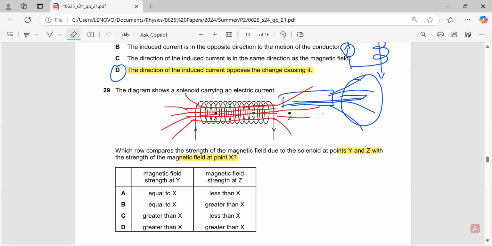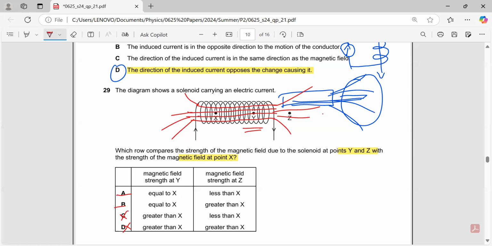Now we are going to see the options: magnetic field strength at Y, they're talking about point Y, is equal to X or greater than X. As both of the points are inside the solenoid, the magnetic field strength is equal to X. So we should select A and B from A and B, definitely. So C and D options should not be possible for us.